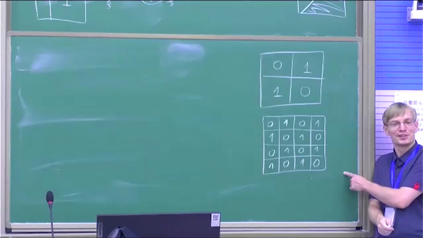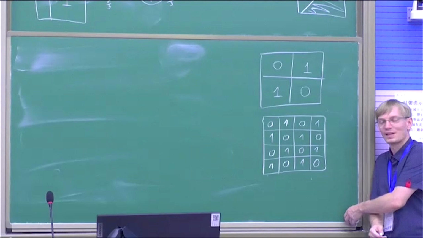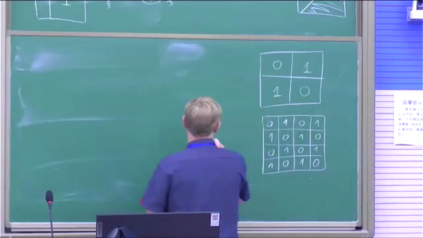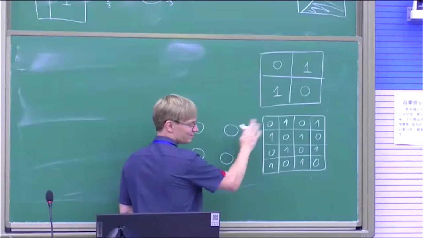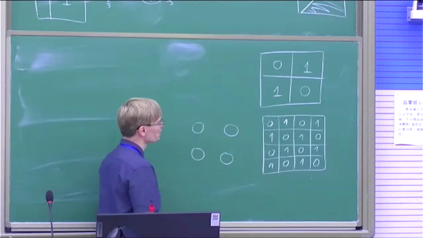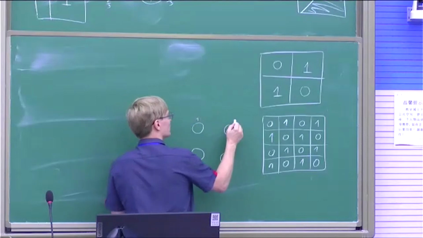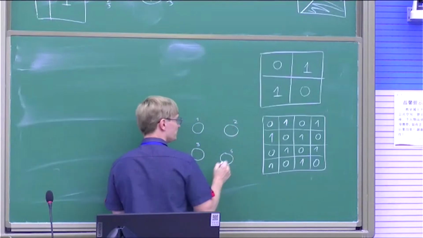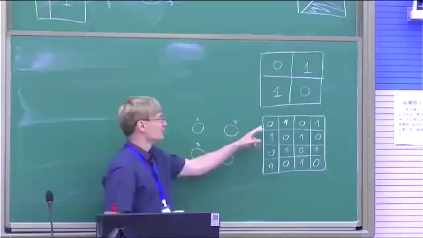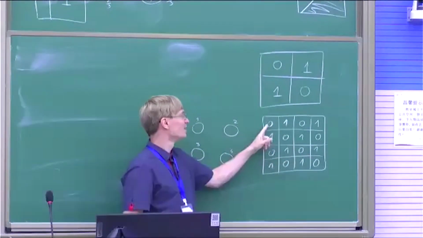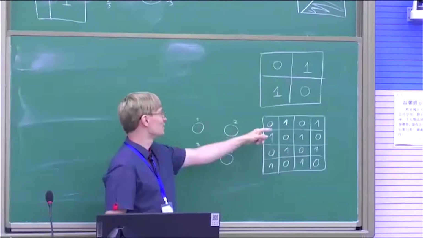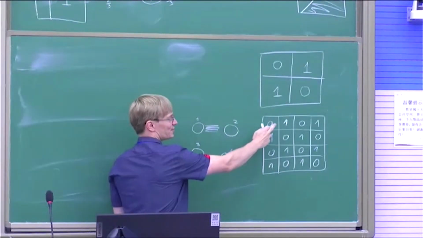How does this look like? I have 4 groups of vertices. Intuitively, let's see, 1, 2, 3, 4. And inside, there are no edges. Between 1 and 2, I have all possible edges.